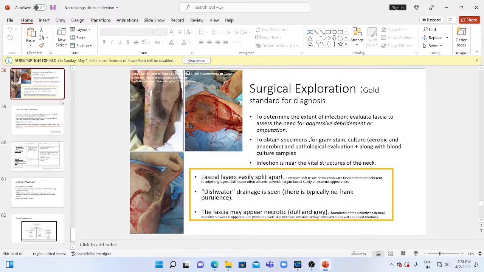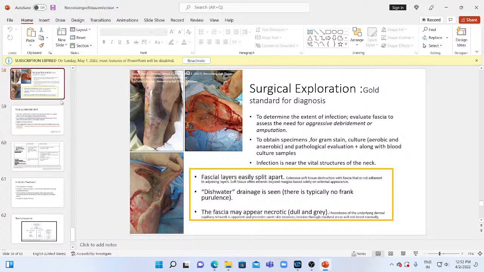In this test, we must feel whether the fascial layers easily split apart. We should look for dishwater fluid and the absence of pus, and the color of the fascia can also be noted, whether it's gray or necrotic.